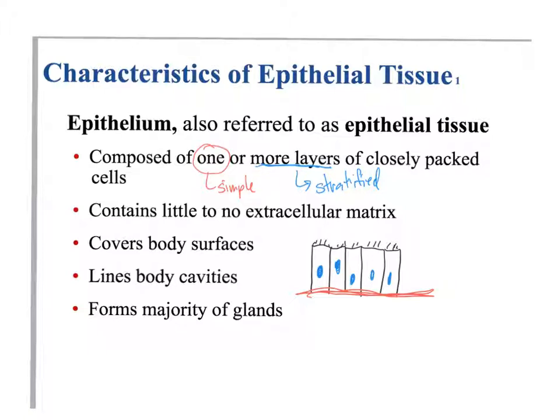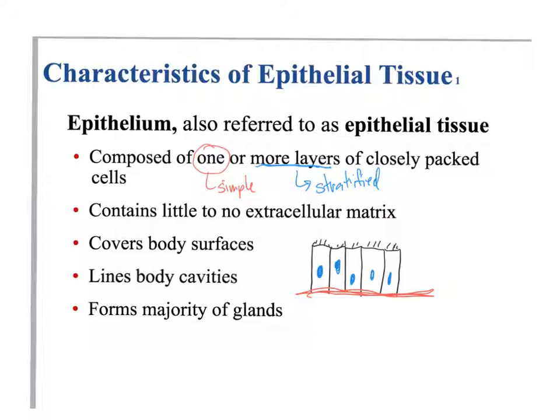Where you find epithelium, you'll find it lining body cavities or any exposure to the outside. They line the interior surface of your mouth. Your skin is an epithelium. They line the interior surface of your ears, the interior surface of the nose, of the urogenital tract, the rectum, the intestine.